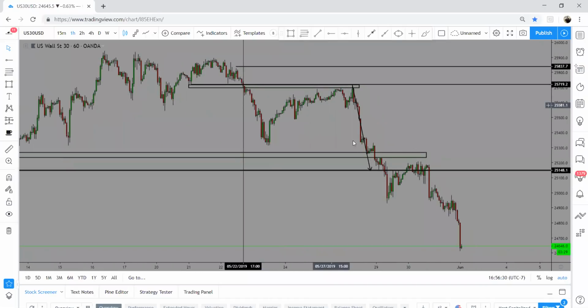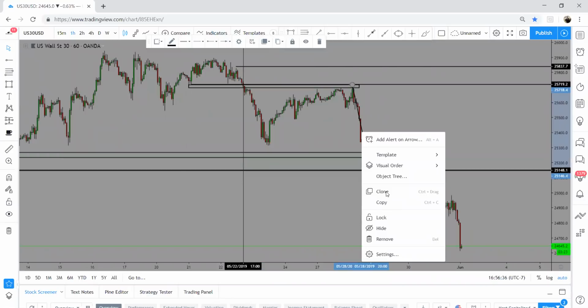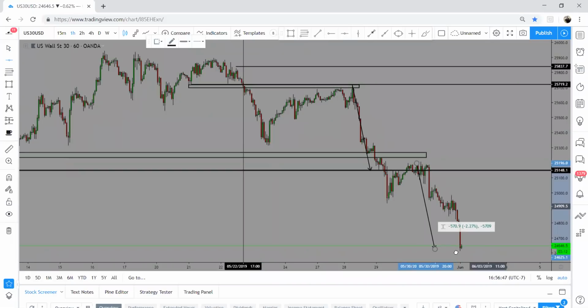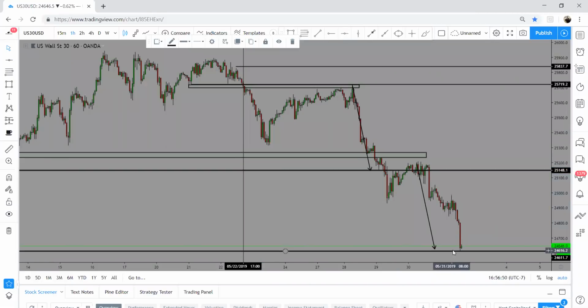Also, one thing I noticed is when you have that measured move, you can clone that measured move one more time, and if it breaks out, drag it to the second breakout. Now look at that. If it breaks out, you can take that as well.